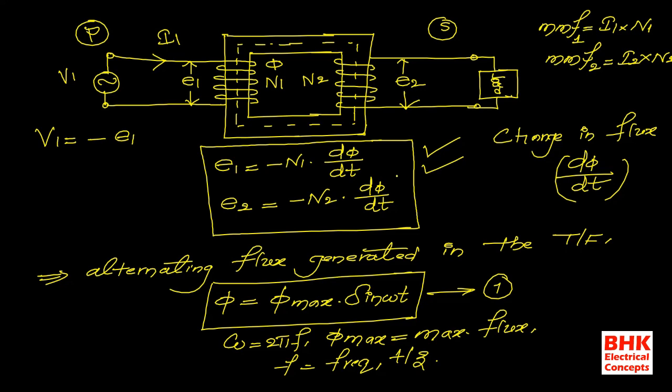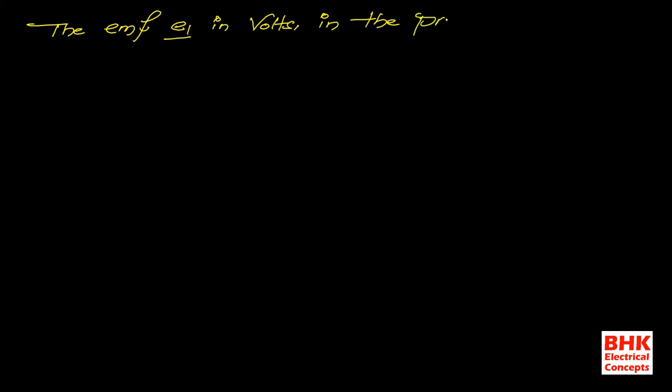So here the EMF E1, whose unit is volts, in the primary side is given by E1 is equal to minus N1 into d phi by dt.